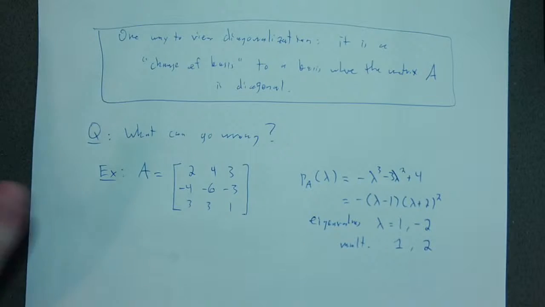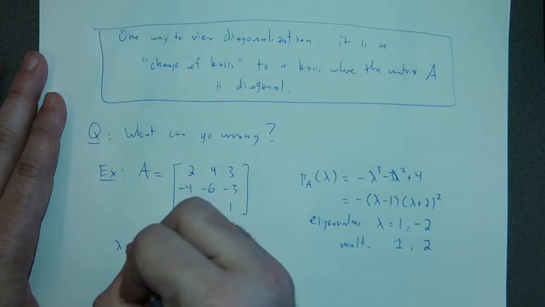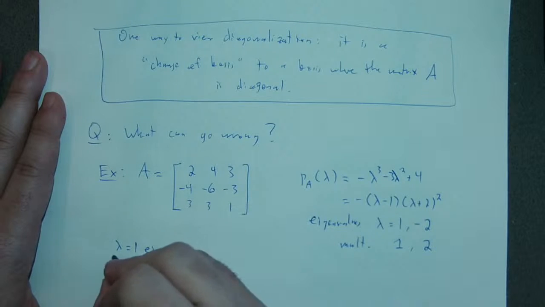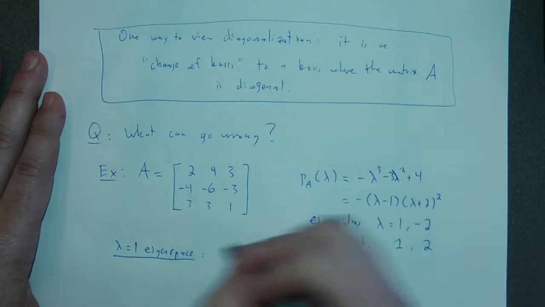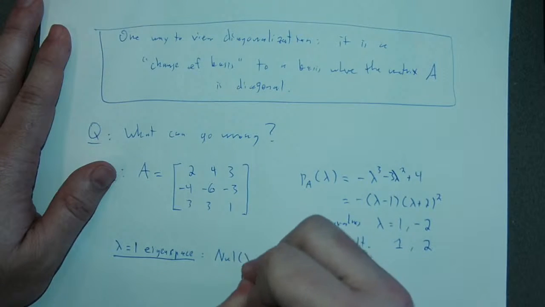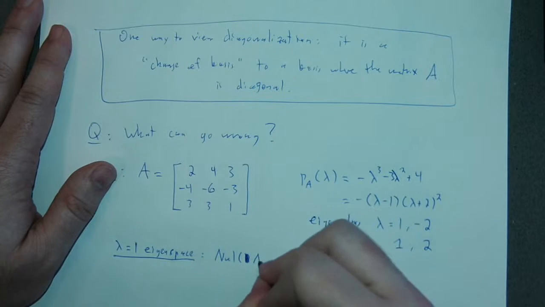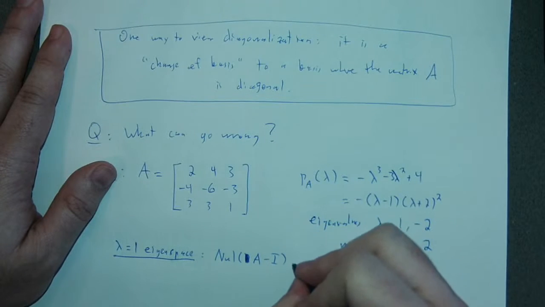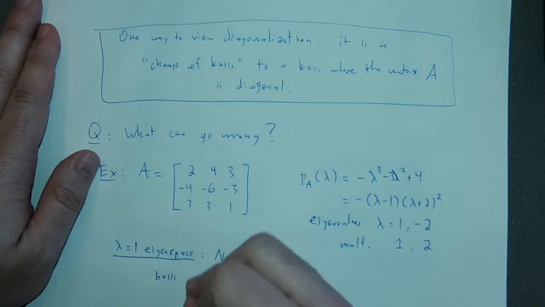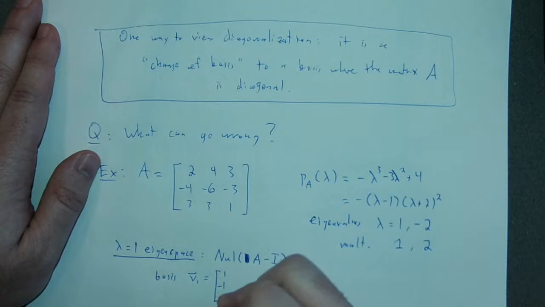Okay, in fact, if you look at the eigenspaces, so what is the lambda equals 1 eigenspace? So the lambda equals 1 eigenspace is, remember, the null space of A minus I. And it is one-dimensional, so its basis is v1, which is 1, minus 1, 1.